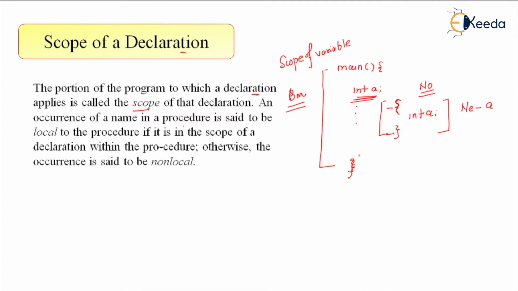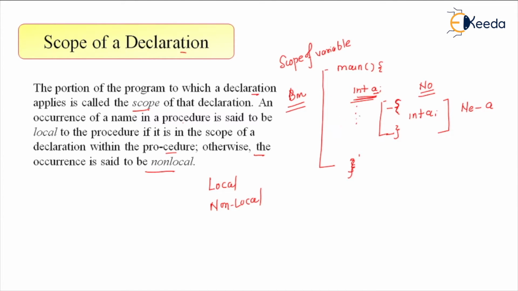An occurrence of a name in a procedure is said to be local to the procedure if it is in the scope of a declaration within the procedure. Otherwise, it is called non-local. This clearly says what a local variable and a non-local variable are.